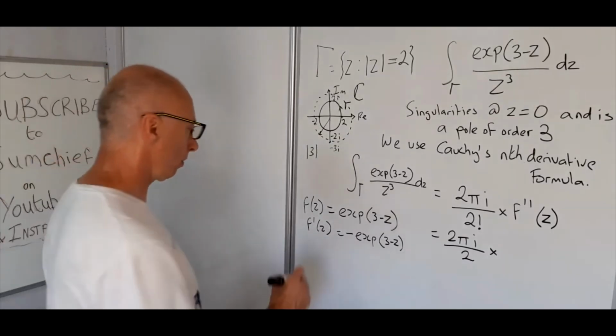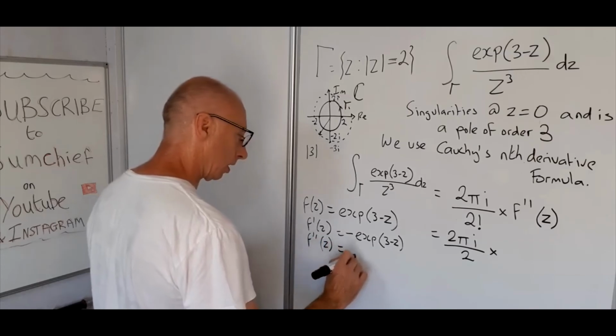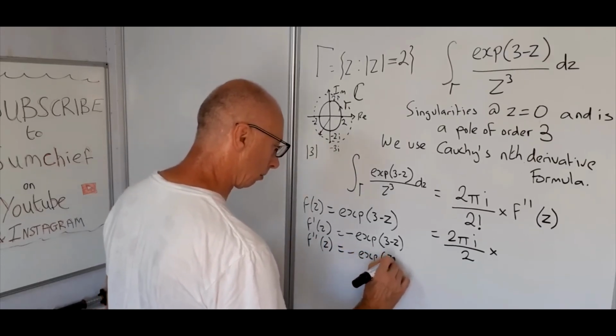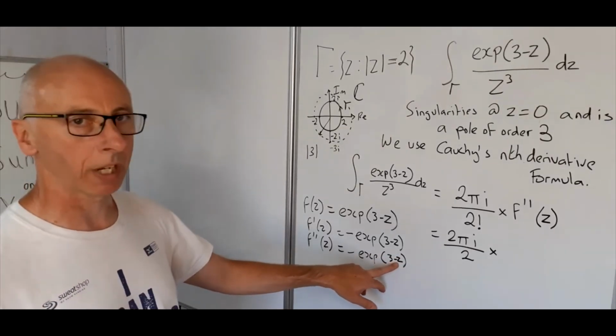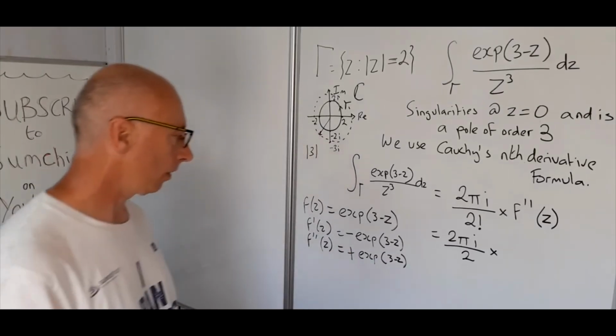Now we take the second derivative: we've got minus exponential of 3 minus z. Again the input doesn't change, but we take the derivative of minus z, which is minus 1, so we end up with a positive.